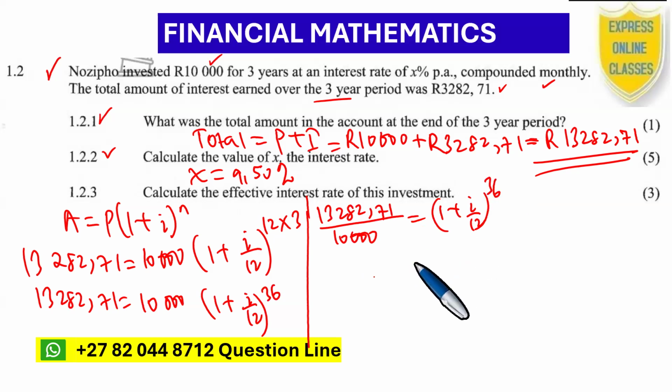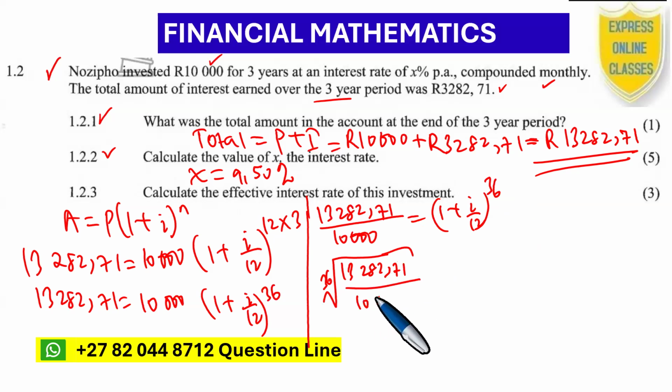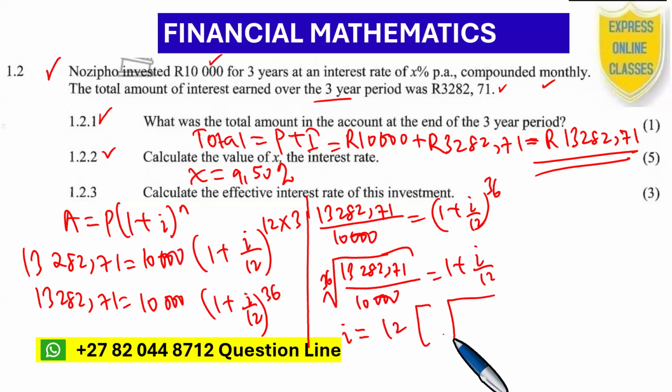If you want to solve for i, you take the 36th root of 13,282.71 divided by 10,000, which equals 1 plus i over 12. So i becomes, you subtract 1 and multiply by 12: i equals 12 times the 36th root of 13,282.71 divided by 10,000, minus 1.